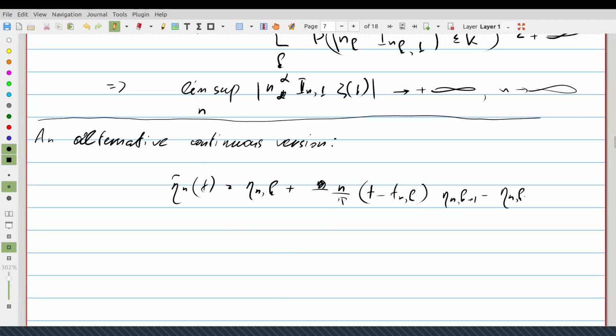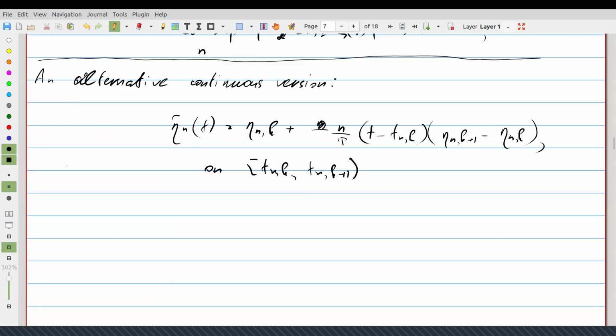So this is just linear interpolation. And a very natural question is whether it shares the same speed of convergence, because it's easier and more natural. And actually, the answer is negative.